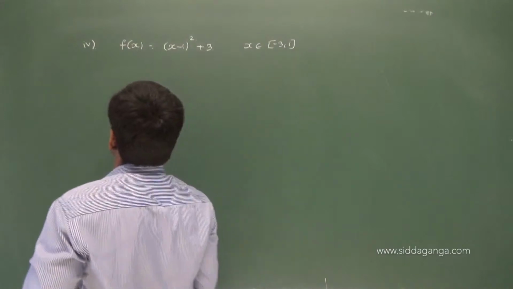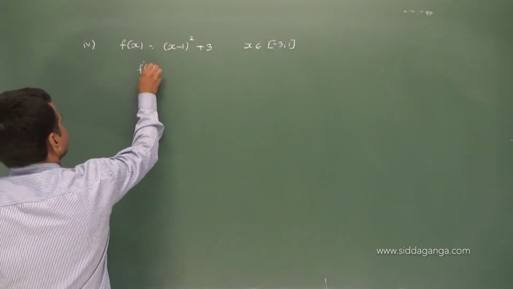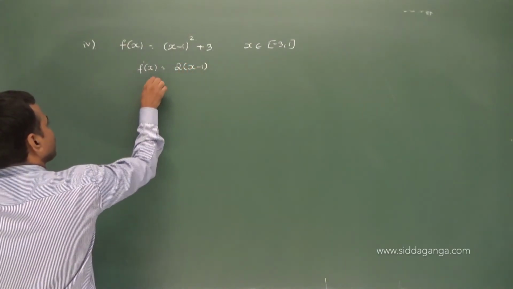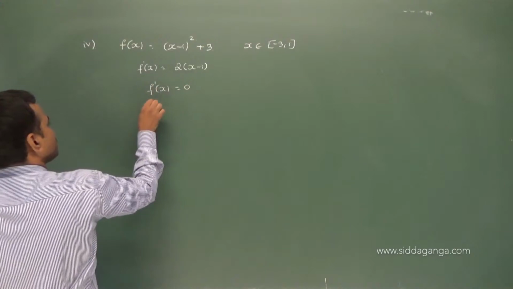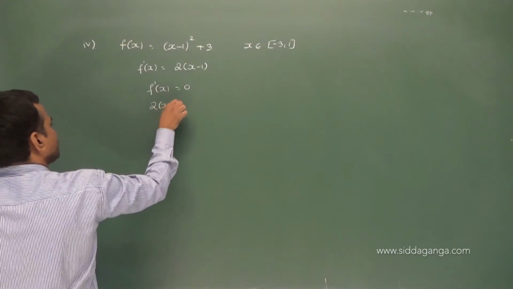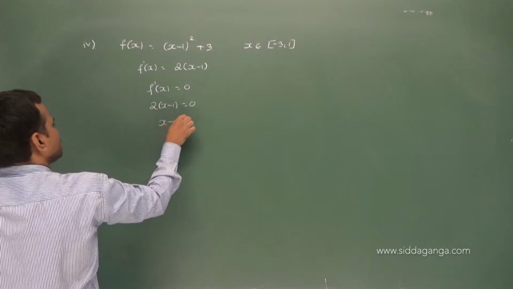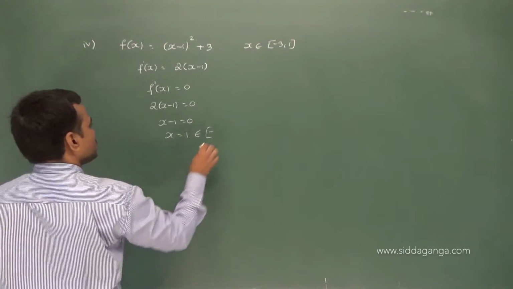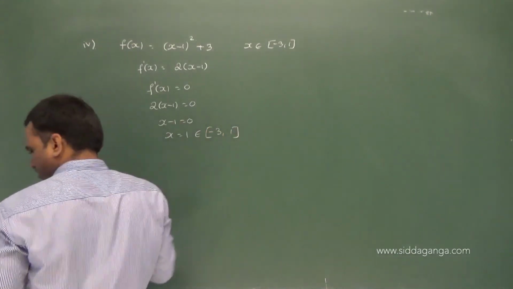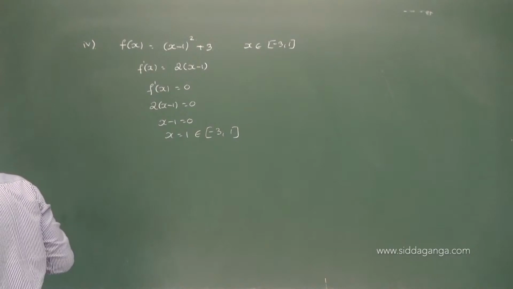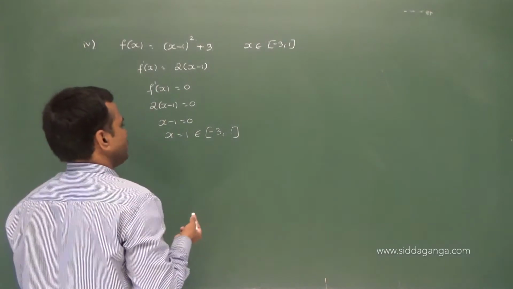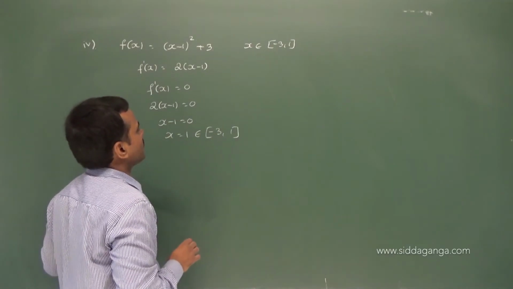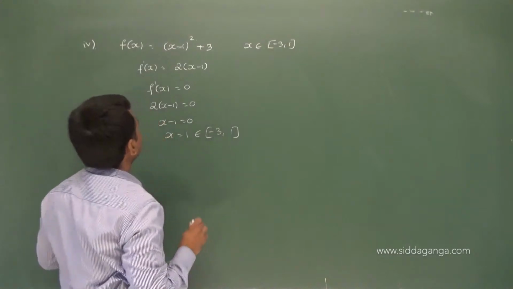So differentiate: f dash of x is 2 into x minus 1. f dash of x is equal to 0, so x minus 1 is equal to 0, x is equal to 1, which belongs to minus 3 to 1. The interval is given, yes, x is equal to 1 belongs to minus 3 to 1.